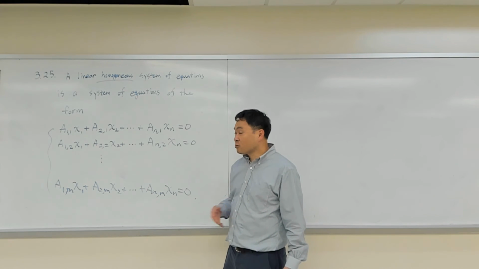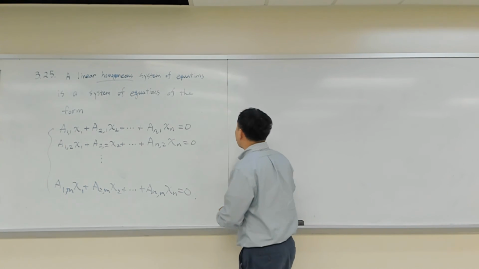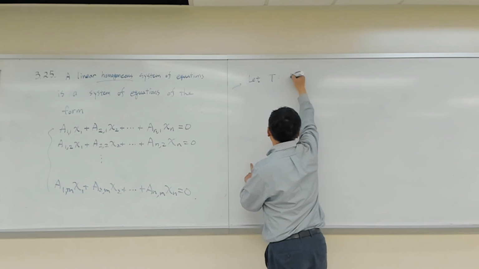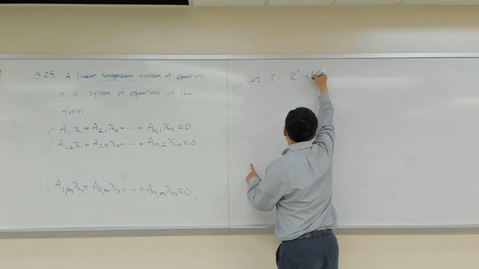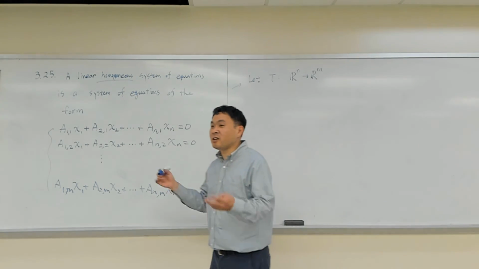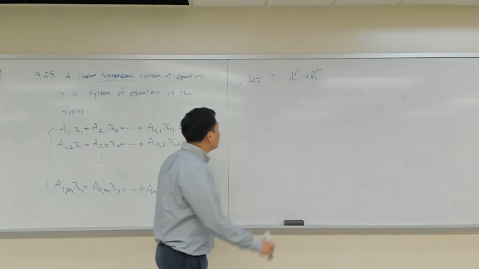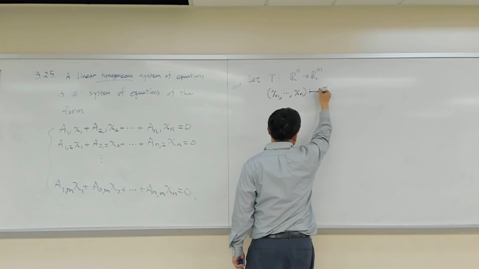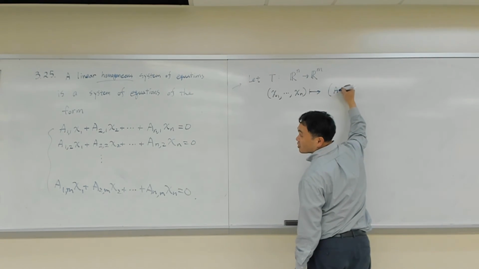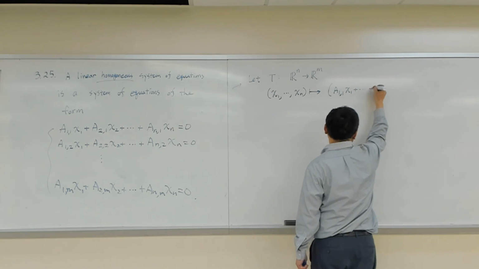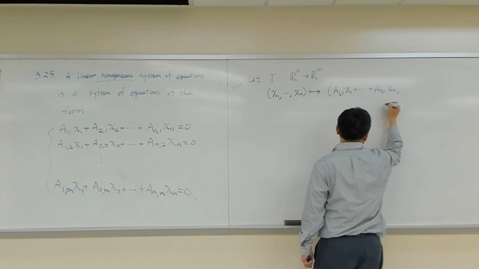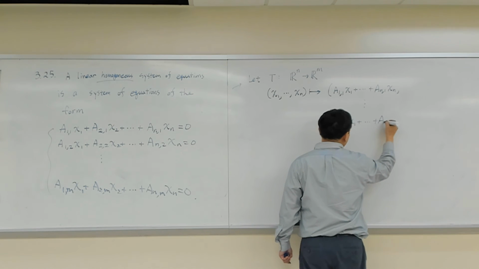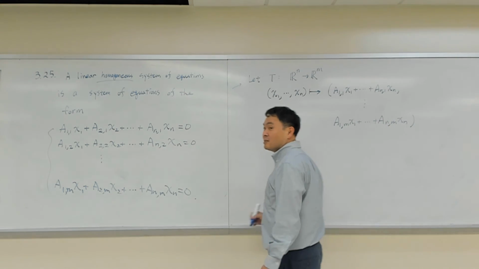Okay? And to answer that, you can really rephrase this as: let T be a map from Rn to Rm, or Cn to Cm, where x1 through xn is mapped to a11 x1 ... an1 xn, up to a1m x1 ... anm xn, right?